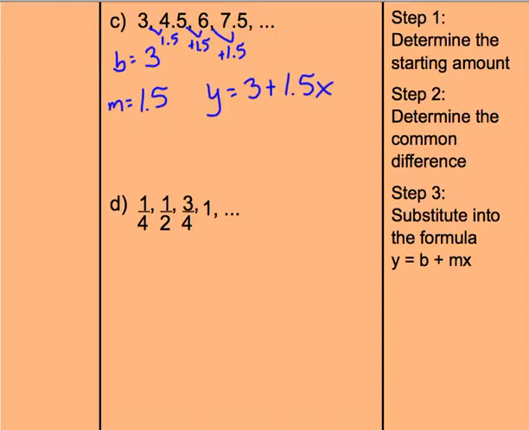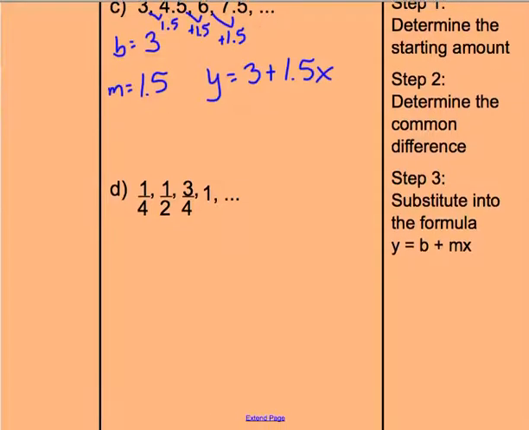One more example, we couldn't leave out our fractions. So these don't have a common denominator. If you're trying to find that common difference, it might be helpful to get them all with the same denominator. Well, our common denominator is 4, so we've got 1/4. Multiplying by 2, we get 2/4. And multiplying by 4, we have 4/4.